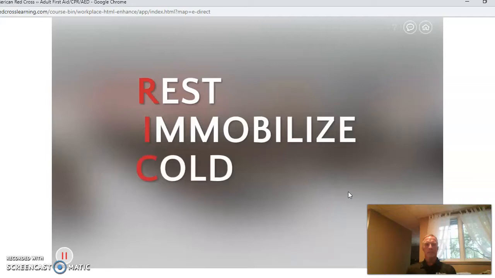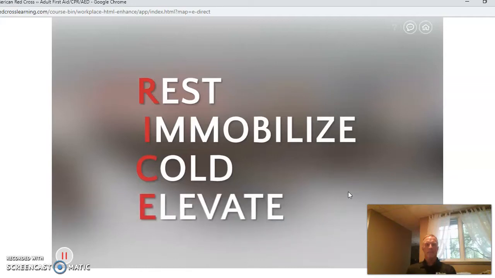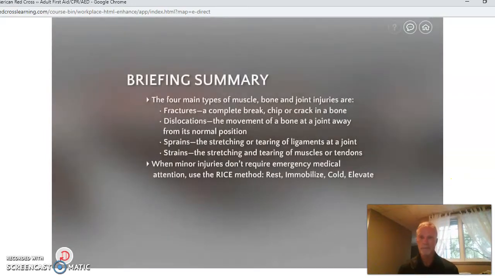Cold. Fill a plastic bag with ice and water, or wrap ice with a damp cloth and apply ice to the injured area for periods of about 20 minutes. If 20 minutes is too much to tolerate, apply for 10 minutes instead. Elevate. Elevate the injured part only if it does not cause more pain. Elevating the injured part may help reduce swelling.